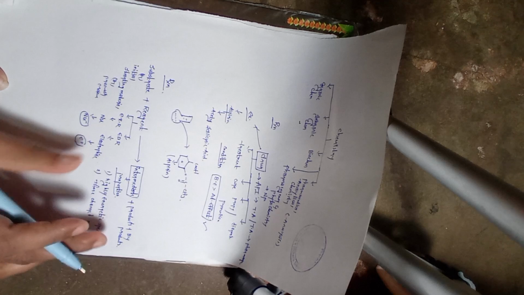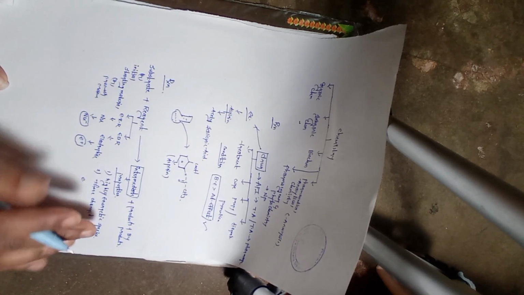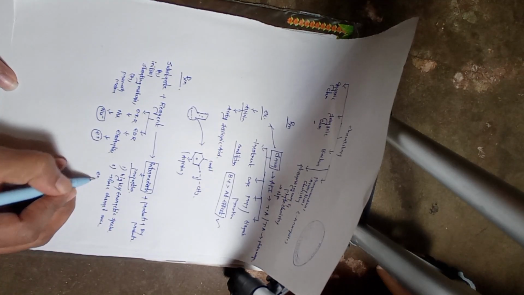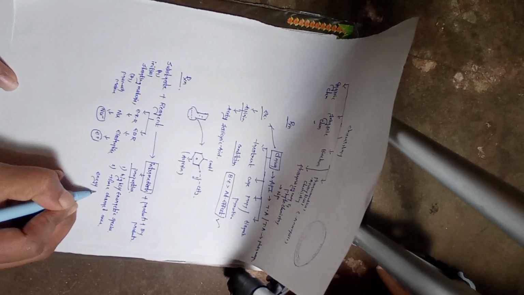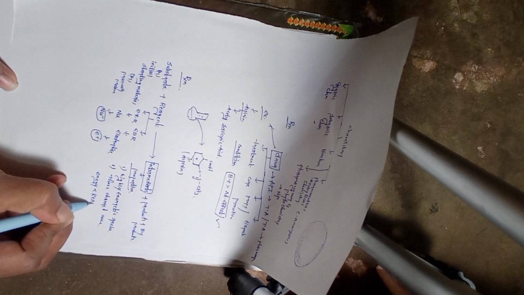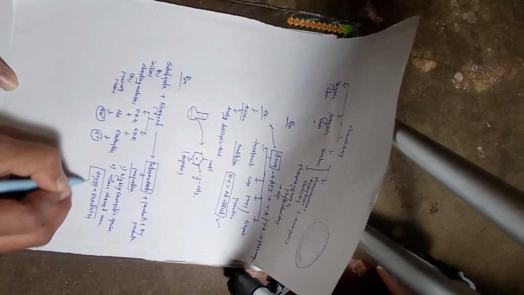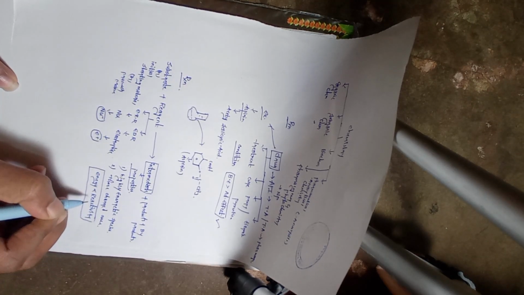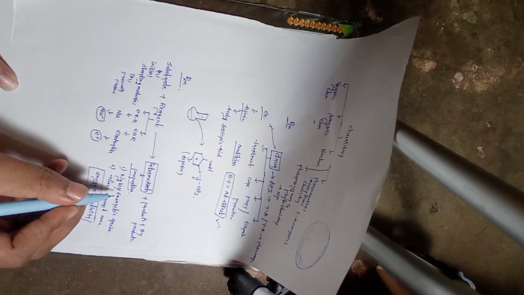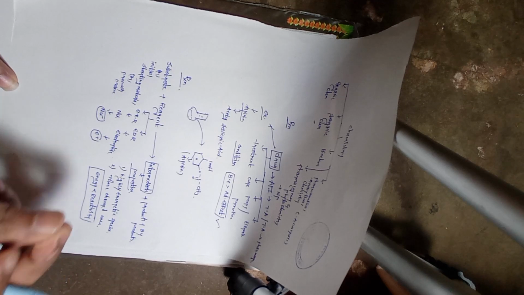So what is the relation? If the intermediate has high energy, it has high reactivity, so the energy of the intermediate will be directly proportional to the reactivity of that reaction.